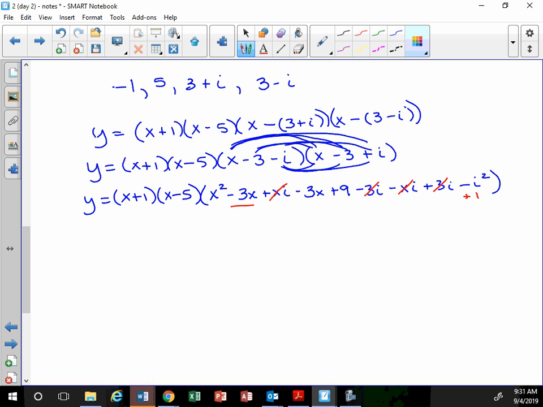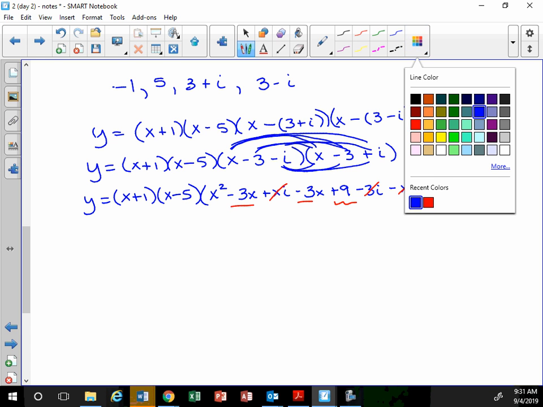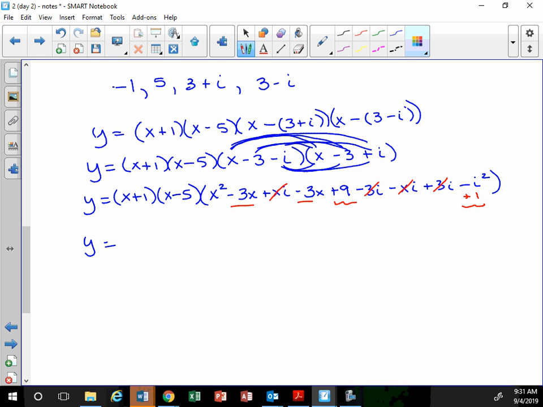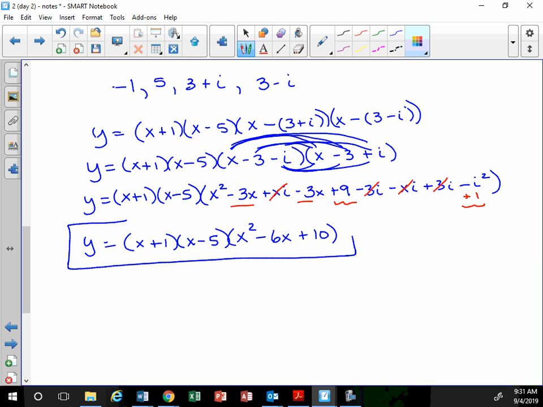So you can combine some like terms, and we'll write our answer here. So x plus 1 times x minus 5, then I'm going to have x squared minus 6x plus 2. Okay, again, don't multiply more than that. I don't want you to do any other multiplication. Questions on that one?